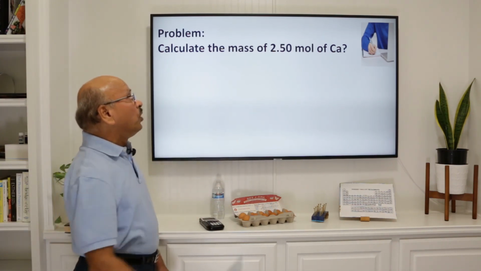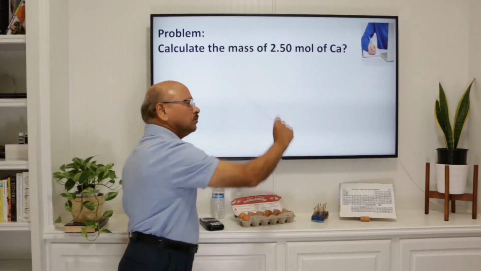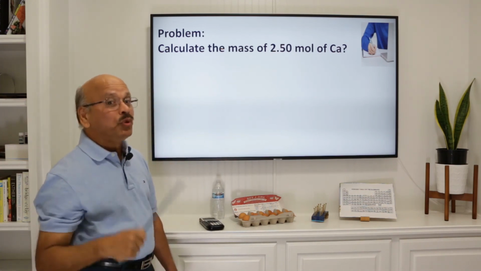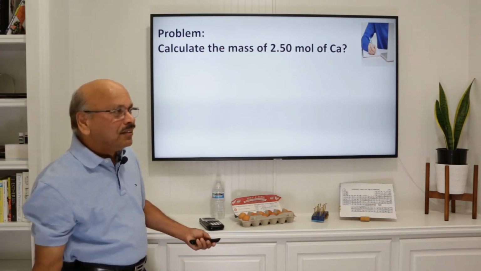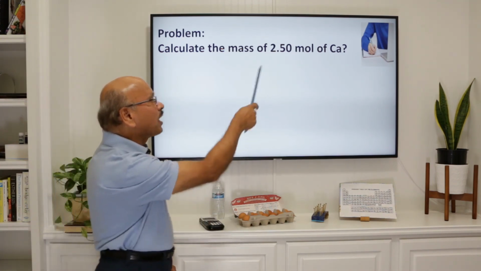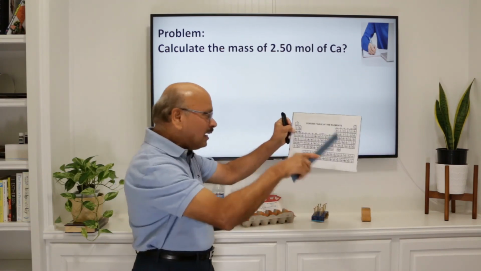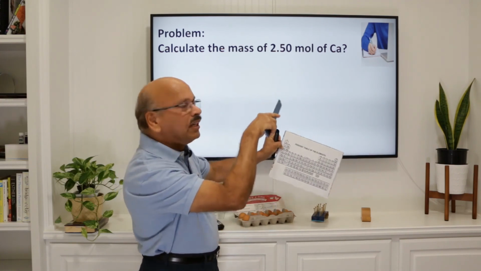Calculate the mass of 2.50 moles of calcium. So what is given here? You're given the moles. What do you want? You want the mass. So here comes your brushing-your-teeth thing: mass and mole, molar mass. So how will you get the molar mass of calcium? Very easy. Take your periodic table. Find calcium in the periodic table. The atomic mass you take out and say it in what?